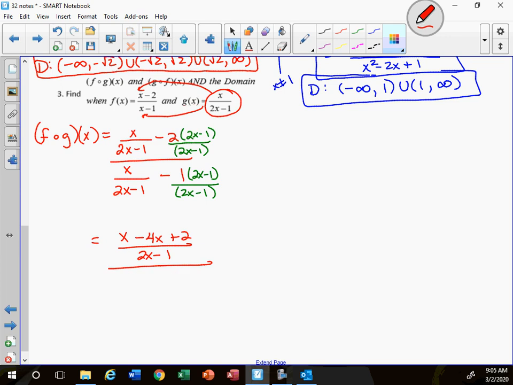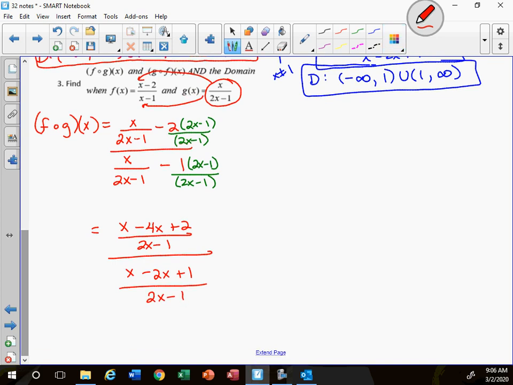We're okay there. And then down in your second numerator, at the bottom, you're going to have x minus 2x plus 1 over 2x minus 1. Just want to make sure we're all to that point. There's more to do, but I just want to make sure we're all on the same page here.